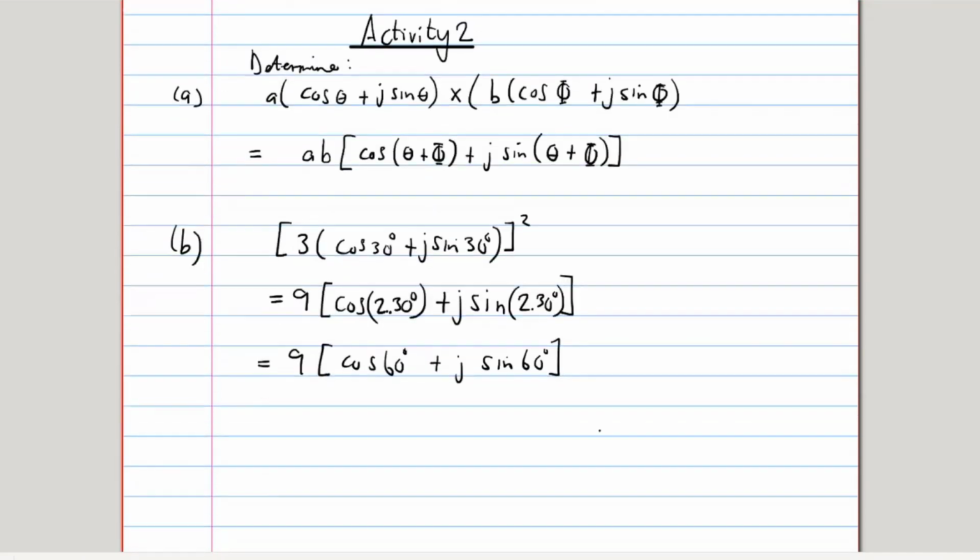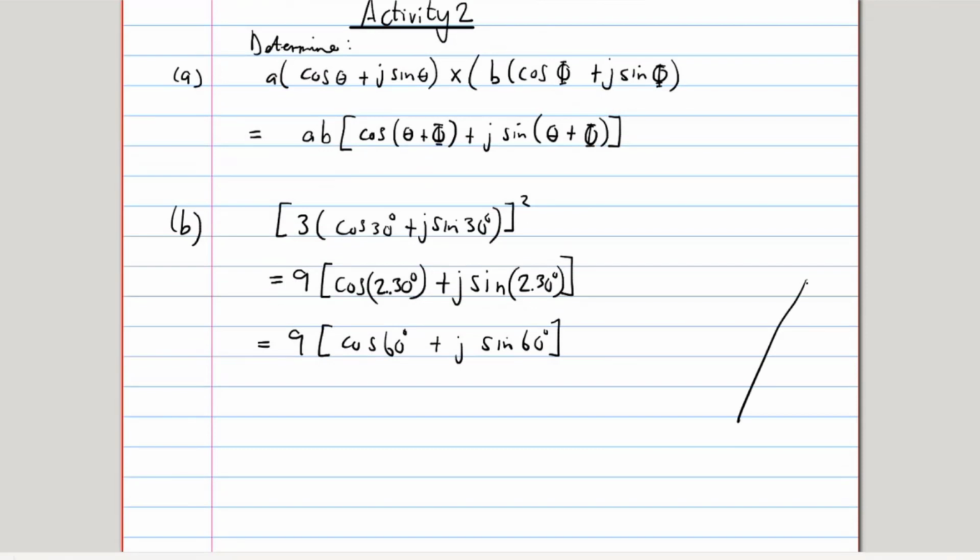We know from our special angles that the cosine of 60 is the sine of 30, which is 1/2. So it's 9 times 1/2, and the sine of 60 is square root of 3 over 2.